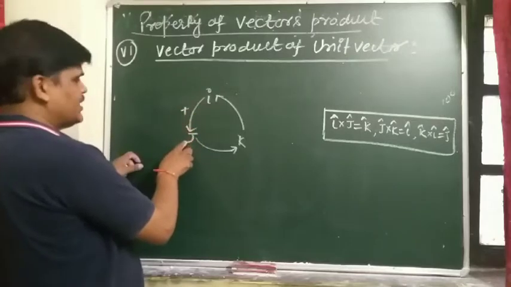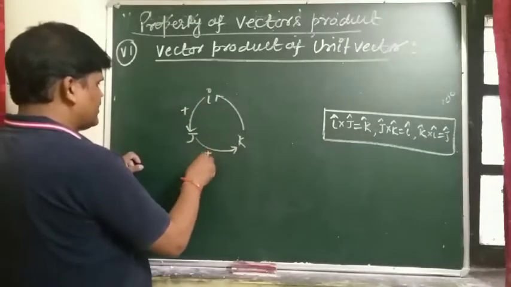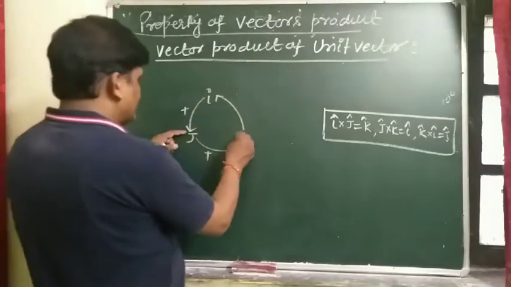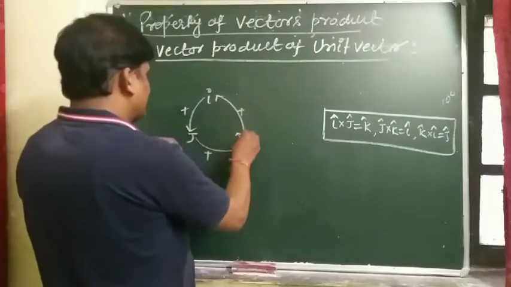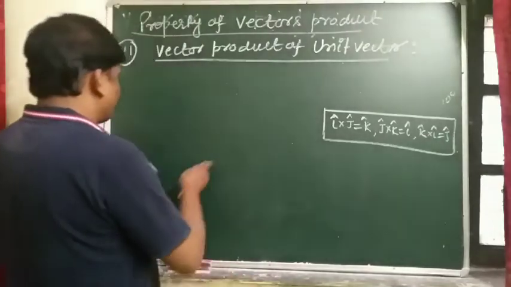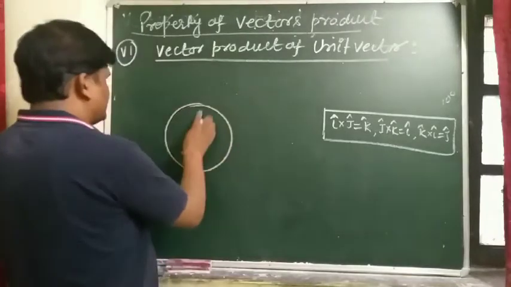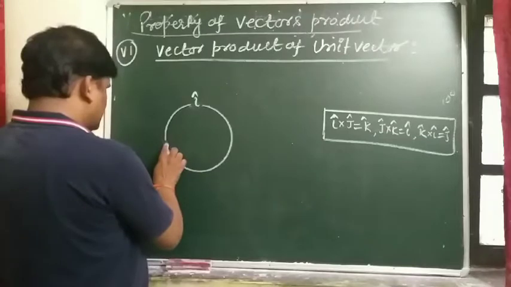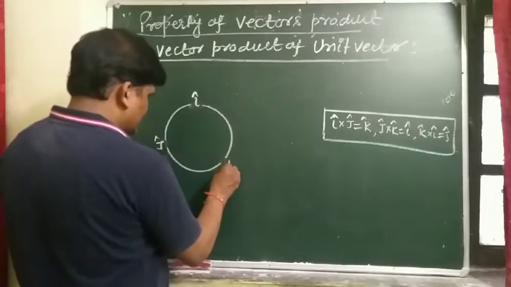So i cross j is k cap, j cross k is i cap, and k cross i is j cap. So in general we can draw the diagram: here i cap, j cap, and k cap.